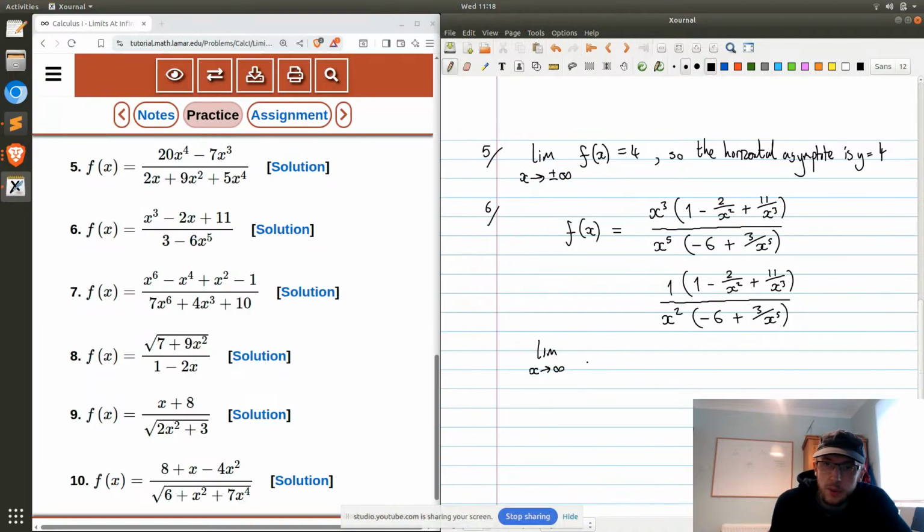So the limit as x approaches infinity of this will be 0.